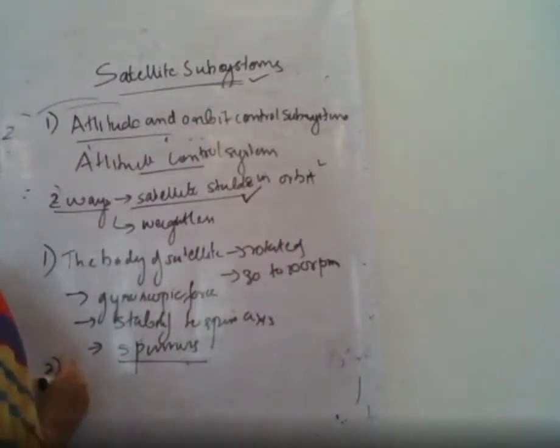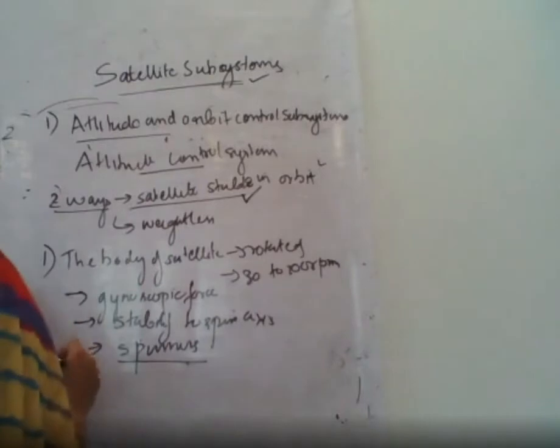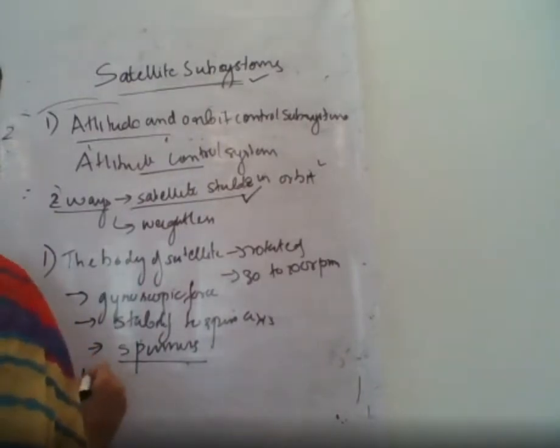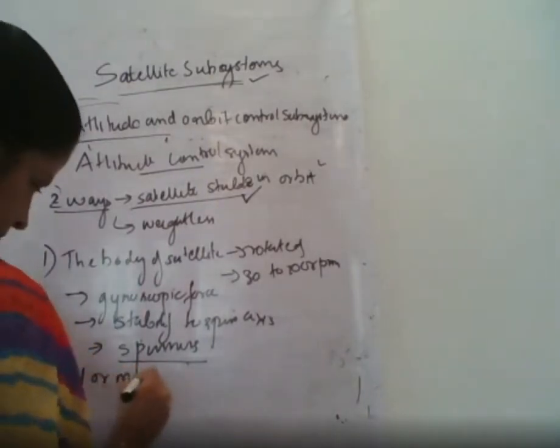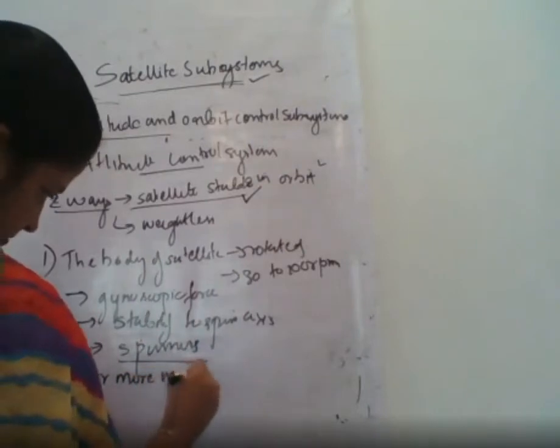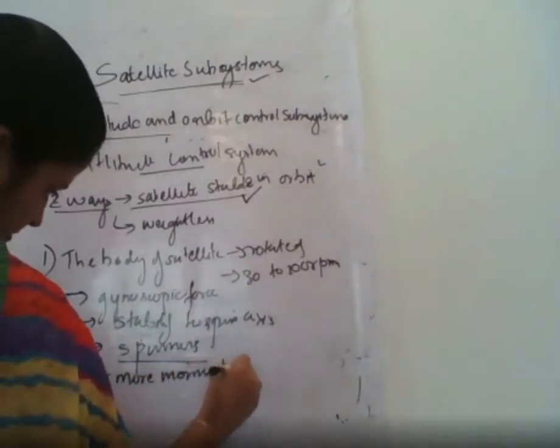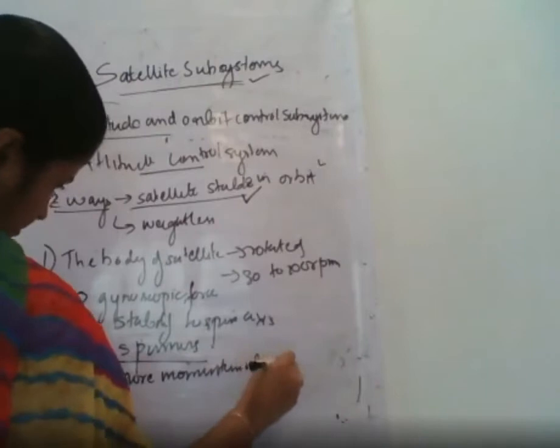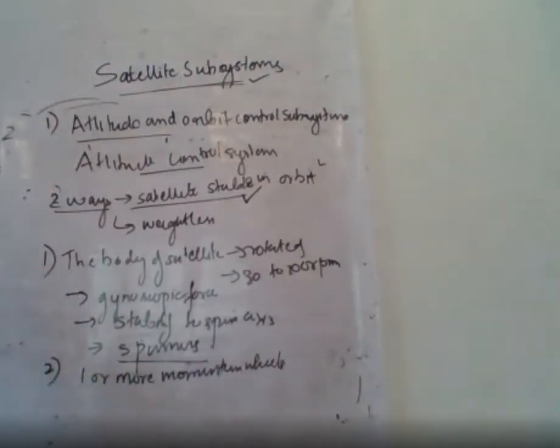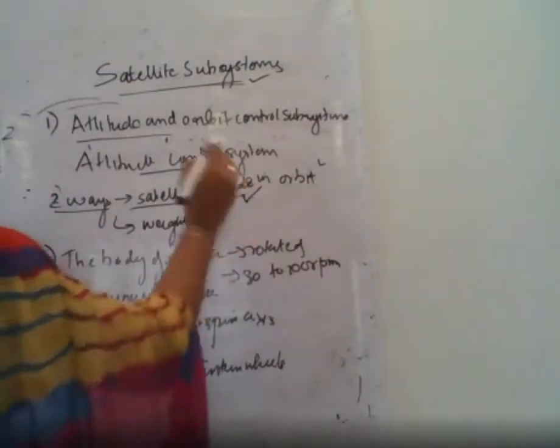And second is by using one or more momentum wheels. That is, by using one or more momentum wheels, we can achieve satellite stability.